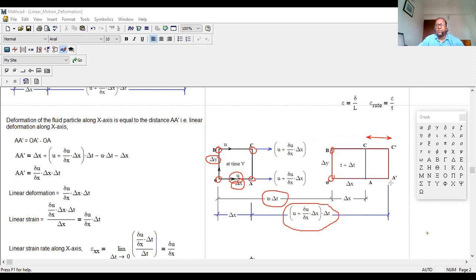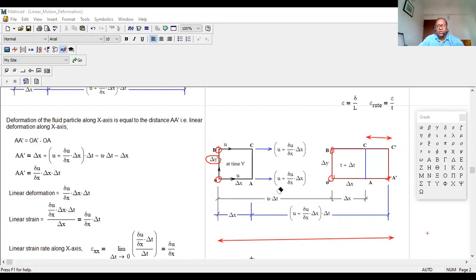So how can we figure out this distance? We already know the distance from this point to this point is this one. So how much distance from here to here? We just add delta x, because this portion length is delta x. So right now we have the distance from this point to this point.